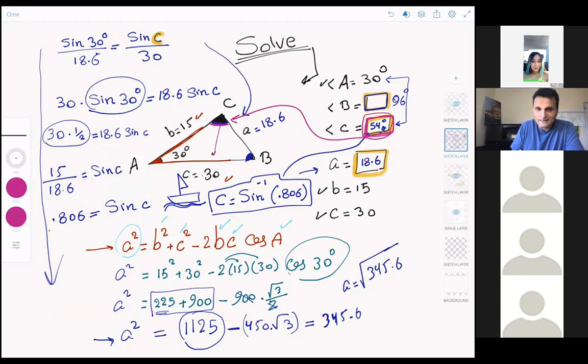I mean, more than 90 degrees. And B, we find 96. Okay. We didn't do anything wrong. I mean, nothing algebraically wrong. But the measure that we got, when you look at the picture, this B cannot be 96. I mean, this will be 90. 96 is going to be a little more like that.